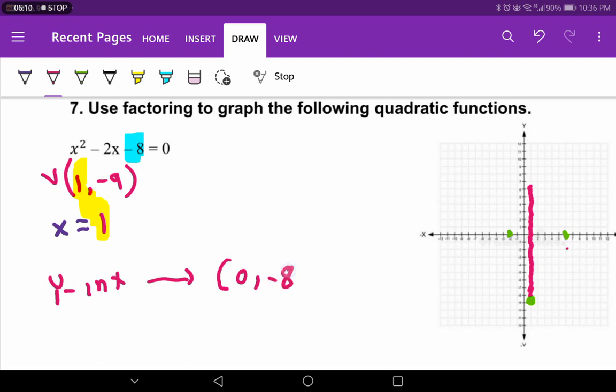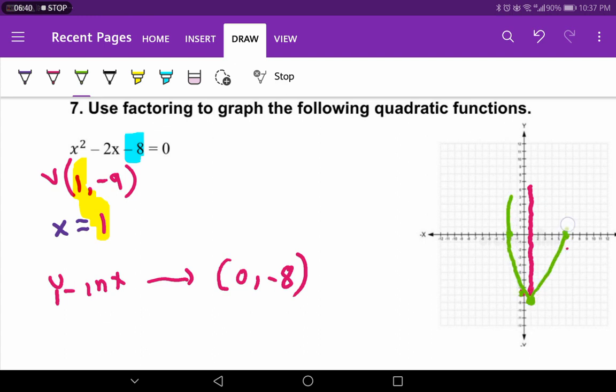Because for the y-intercept, the x is 0, and for x-intercepts, the y is 0. Now 0 and negative 8, actually it is here. I will color it green. Now I can draw freely like this, and we're done.